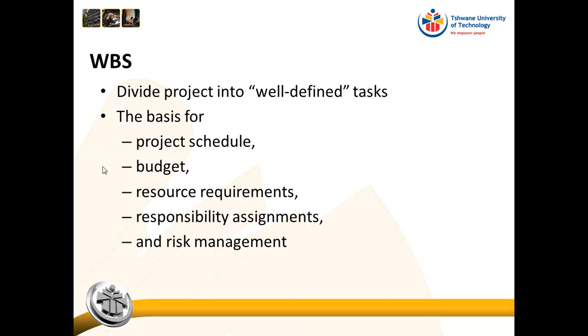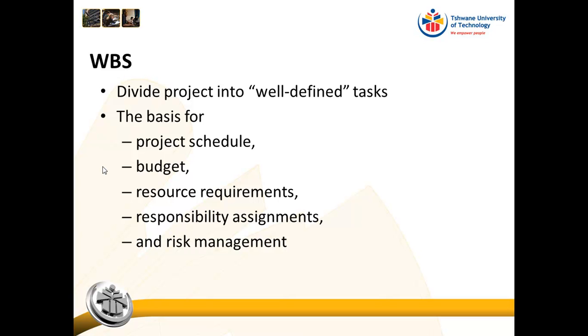Okay, so what is a WBS? It is where we divide the project into well-defined tasks, and the WBS is the most important part of any project plan because it's used as a basis for the schedule, and you'll see this later in this course, for the budget, for the resource requirements, for the responsibility assignments, and for risk management.